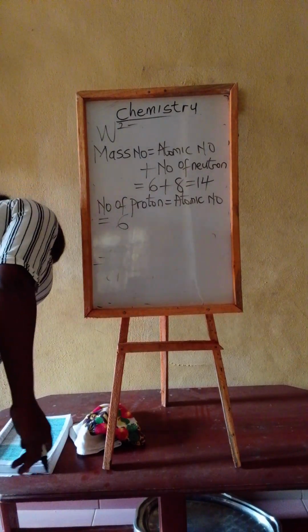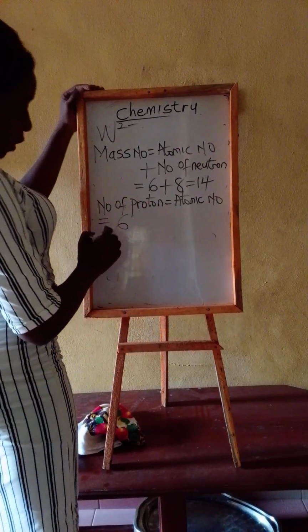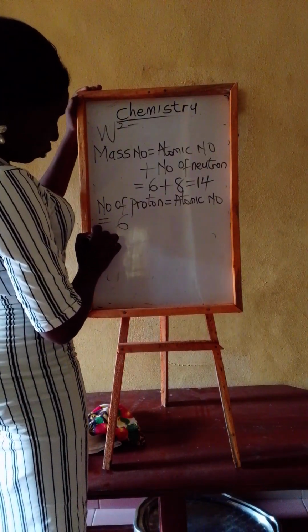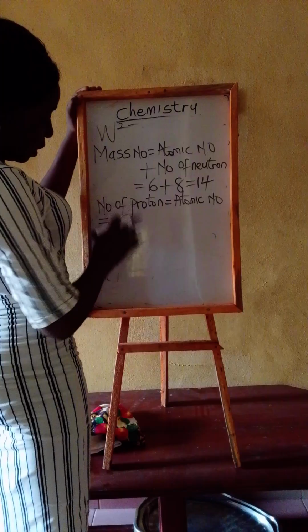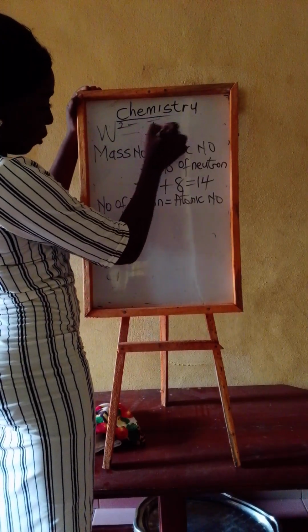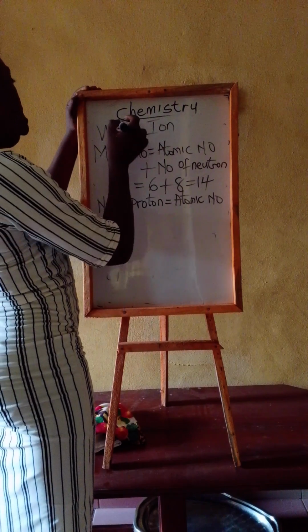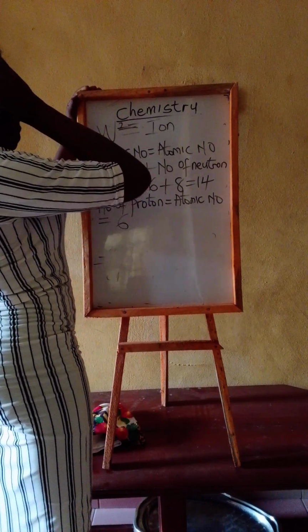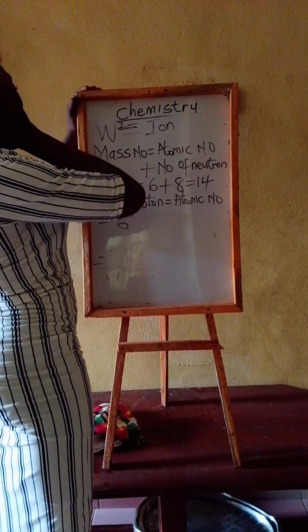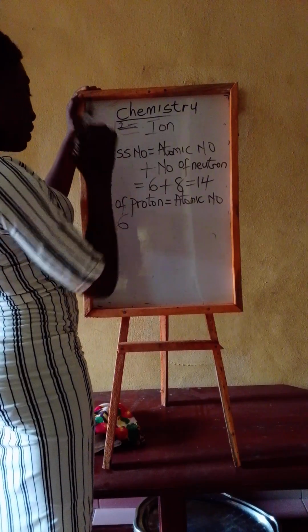Then the last one is number of electrons. Now we have to calculate number of electrons. Now this is an ion and it's a negative one. A negative charge is called an anion.